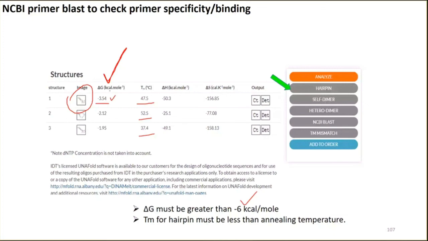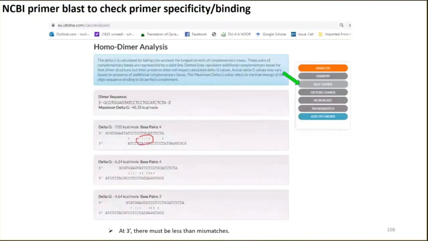So this primer will not predominantly make the hairpin, because it needs a bit higher energy. If the energy is very low, then it will form spontaneously. The next parameter is the self dimer, whether they are making a self dimer or not. We check here, they are only making self dimer at 3 places, very low. So it is good, this primer is not making the self dimer.